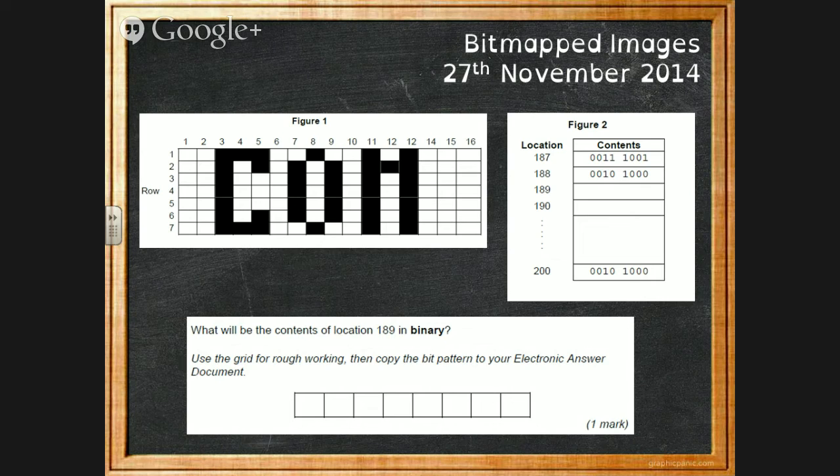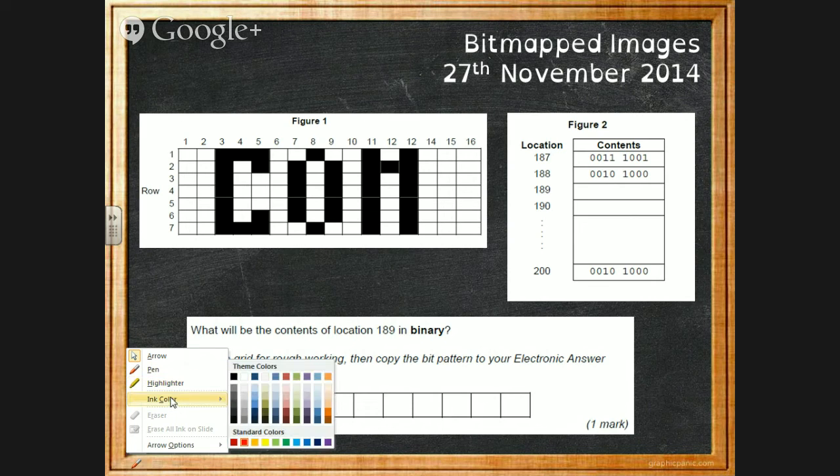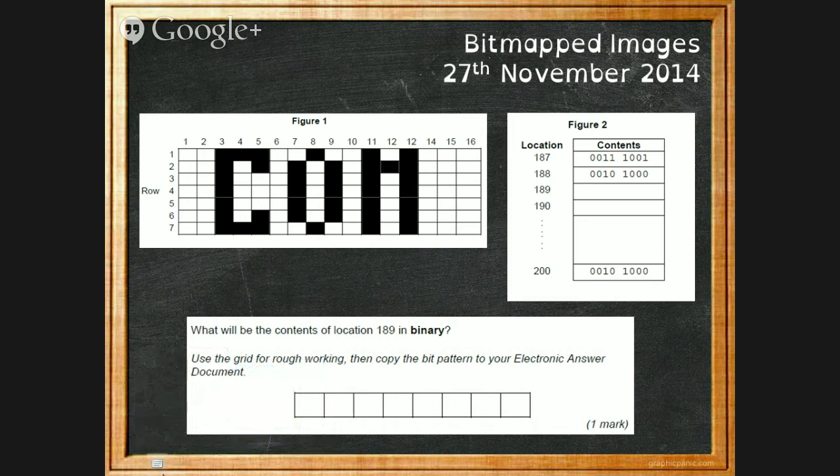Where are we going to go for 189? We're going to look at the second row. I'm just going to attempt to make this into a pen and make sure my ink colour is something you can see.